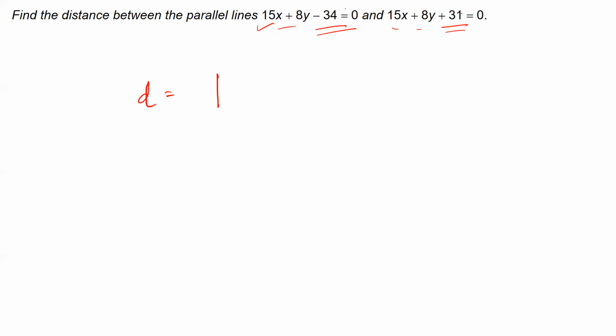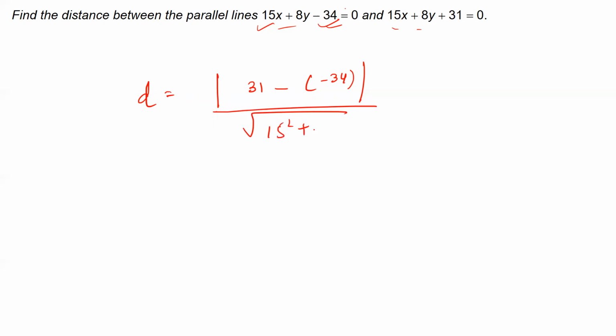So let's consider this as c2 and this as c1. So I'll have 31 minus 34, because c2 minus c1, divided by root over 15 squared plus 8 squared. I leave this to you as an exercise to find its value. But don't be as lazy as me, you have to solve all these things.